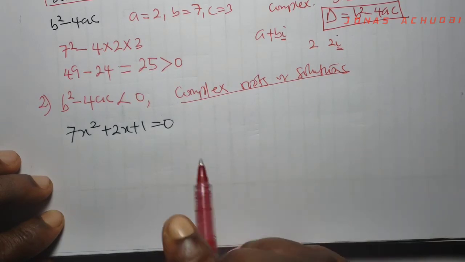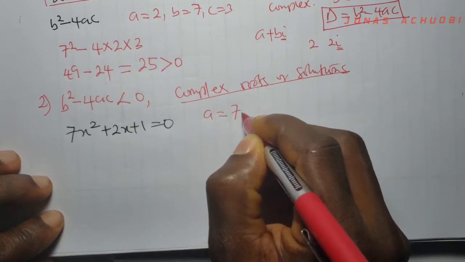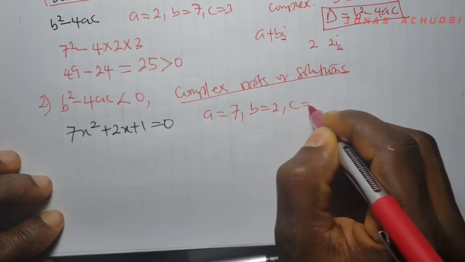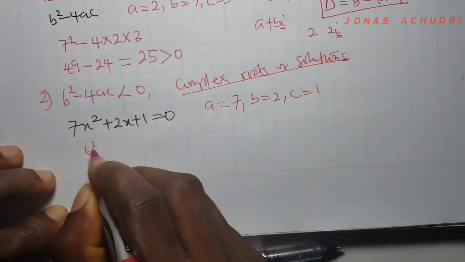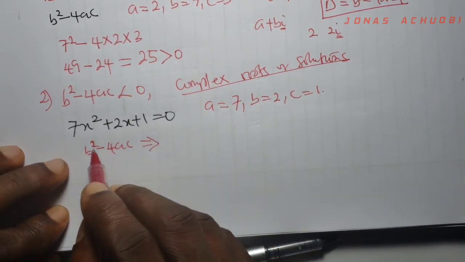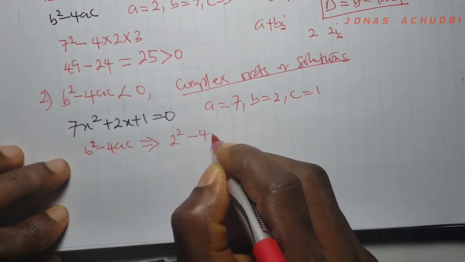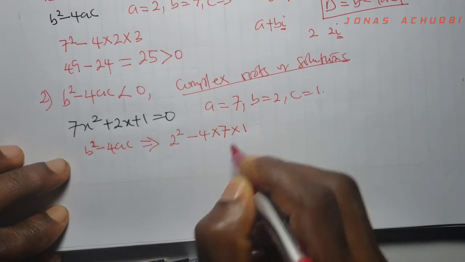So if we compare what we are given to the general equation, we see that our a is 7, our b is 2, and c is 1. So that the discriminant, which is b squared minus 4ac, is equal to what? b is 2. So we have 2 squared minus 4 times a, a is 7, and c is 1, times 1.